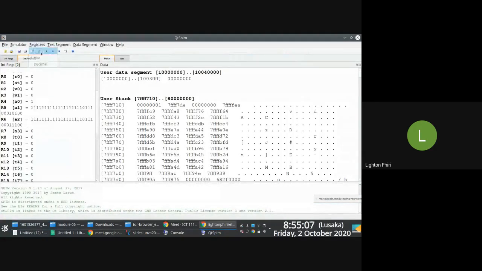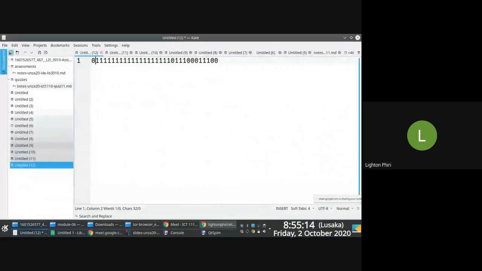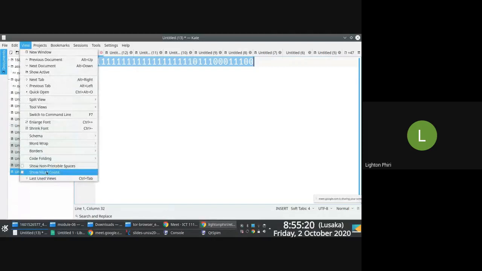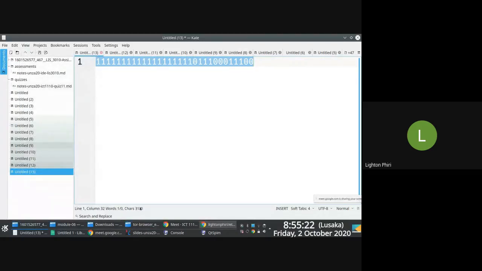If I change this to binary, look at this. If I copy this and paste it here and count the number of characters, this will be 31 characters, not 32, right? Why? Because it's pointless to include a leading zero here, but there's no harm in including it anyway.